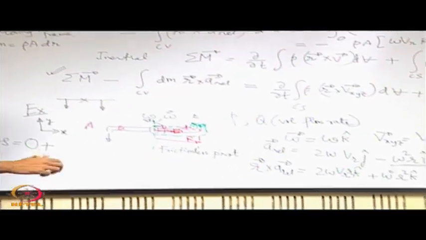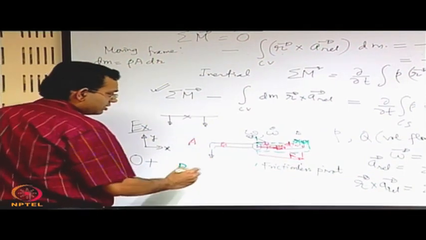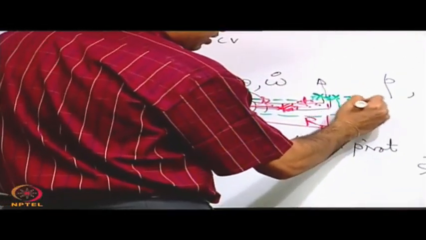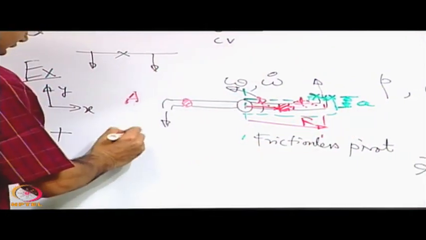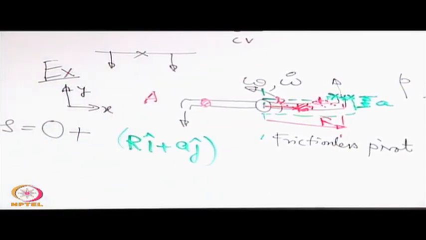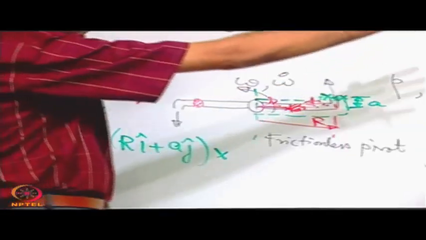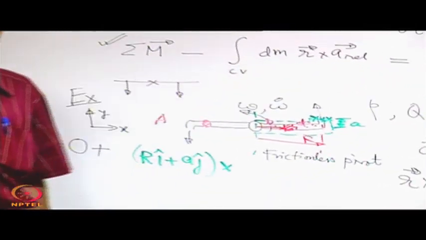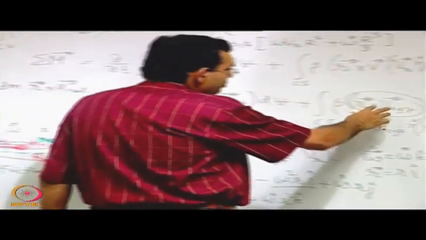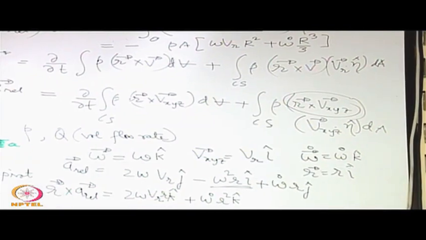So, let us say that it is capital R, let us give it a name, say A, keeping in mind that A is small. So, R I plus A j, that is r. R cross V small x y z is a constant. So, that also we can take out of the integral, provided we also consider it to be constant over the area, uniform over the area.